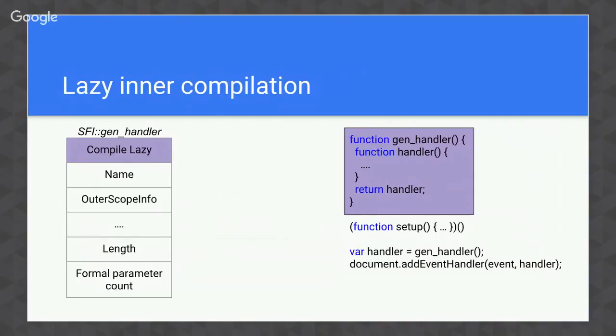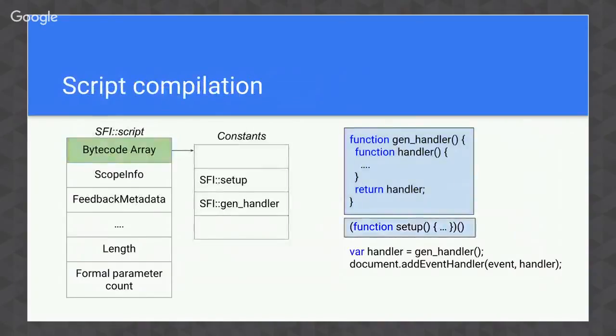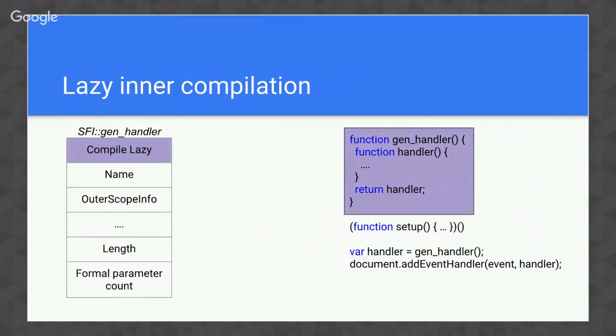So instead, we have lazy compilation of some inner functions, where we essentially try to run through the function as quickly as possible, collect as little data as we need, and try to find that closing curly bracket to skip that function where we can. So instead of our SharedFunctionInfo containing bytecode, it just contains a marker saying, hey, when you see this, compile it lazily, plus some additional metadata.